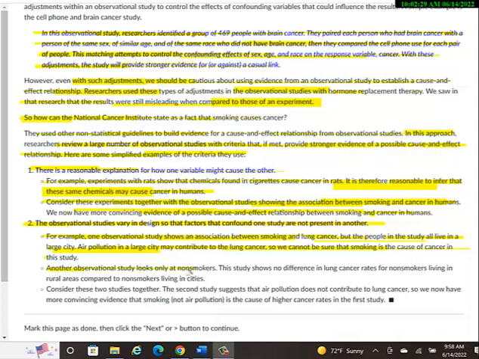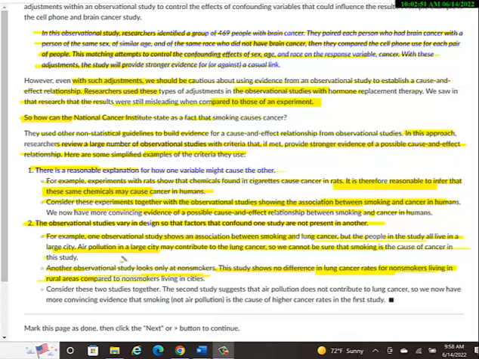Another observational study looks only at non-smokers. This study shows no difference in lung cancer rates for non-smokers living in rural areas compared to non-smokers living in cities. So that's a good, smart thing to do, right? They looked at people that don't even smoke, so cigarettes are no factor in this. It's only the air pollution.